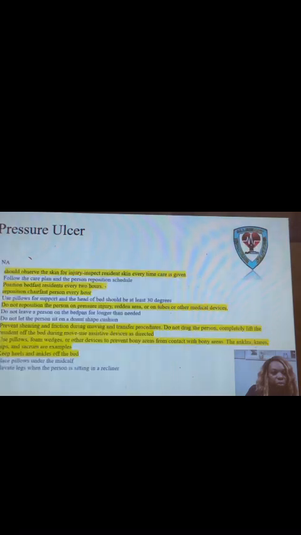There are 4 stages to a pressure ulcer, and then you have some wounds that are considered deep injury wounds. You have some wounds that are unstageable. As a nursing assistant, you should observe the skin for injury, inspect the resident's skin every time you provide care, and follow the care plan and the person's position schedule when you're positioning the patient.